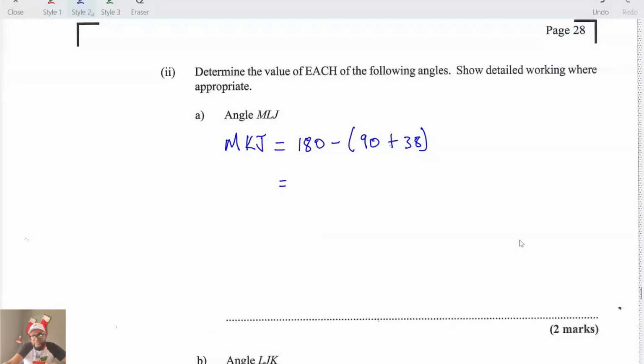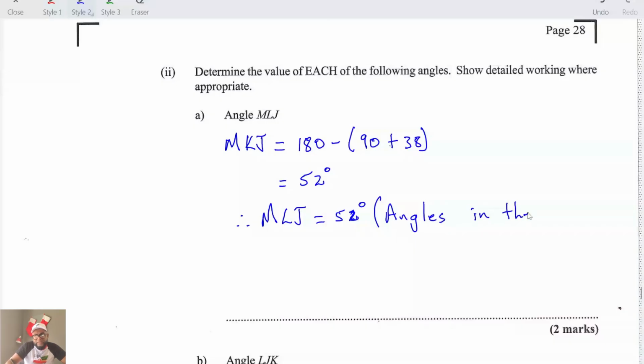Everybody work it out? 52, right? So therefore, MLG is equal to 52 degrees. They did not ask me for a reason, but I gotta put the reason still, right? And the reason here would be angles in the same segment are equal. Everybody good there? Right, let's go.